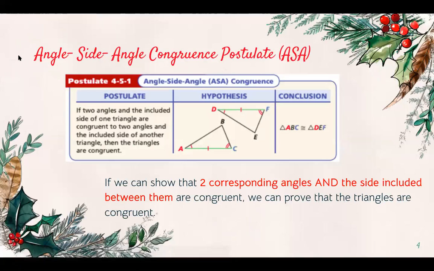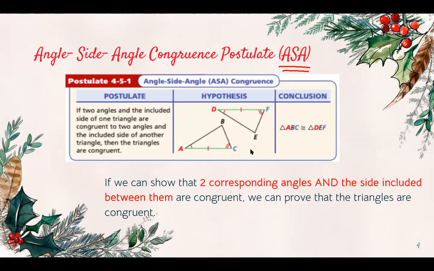Anyway, so the angle, side, angle congruence postulate, we're going to shorten that to just ASA. So if two angles and the included side of one triangle are congruent to two angles and the included side of another triangle, so we can see this here, angles A and C are congruent to angles D and F, and then the included side, the side that's in between those two angles, and the side that's between these two angles are congruent.